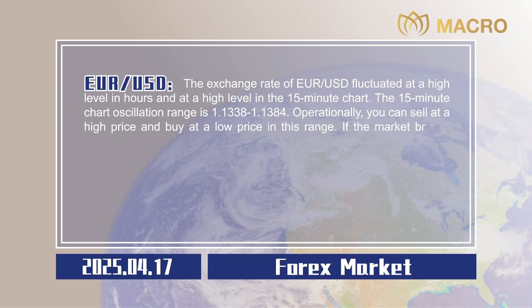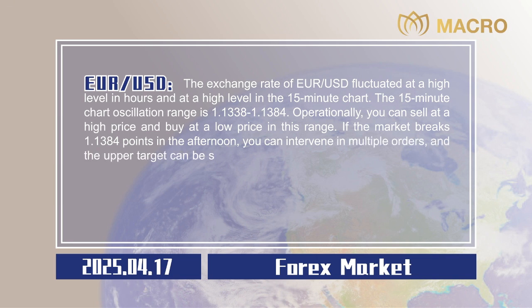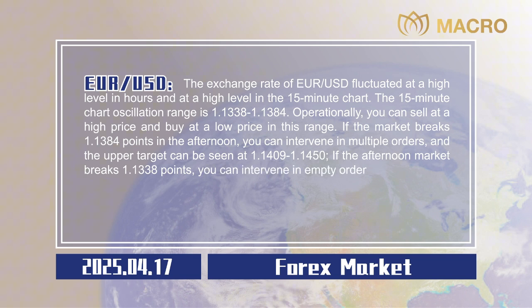If the market breaks 1.1384 points in the afternoon, you can intervene in multiple orders, and the upper target can be seen at 1.1409 to 1.1450. If the afternoon market breaks 1.1338 points, you can intervene in empty orders, and the target below can be seen at 1.1270 to 1.1220. Stop losses are all 20 points, 0.0020.